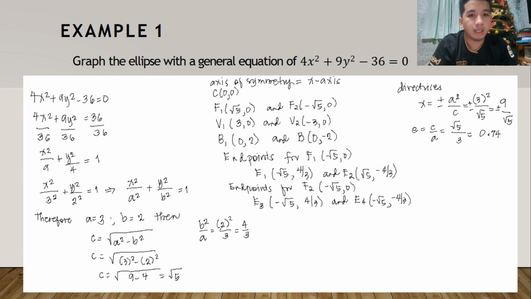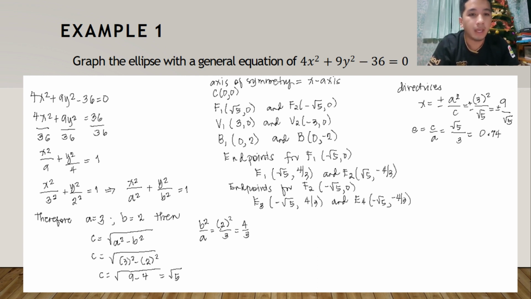Then it will be x squared over 3 squared plus y squared over 2 squared equals 1, which is x squared over a squared plus y squared over b squared equals 1.